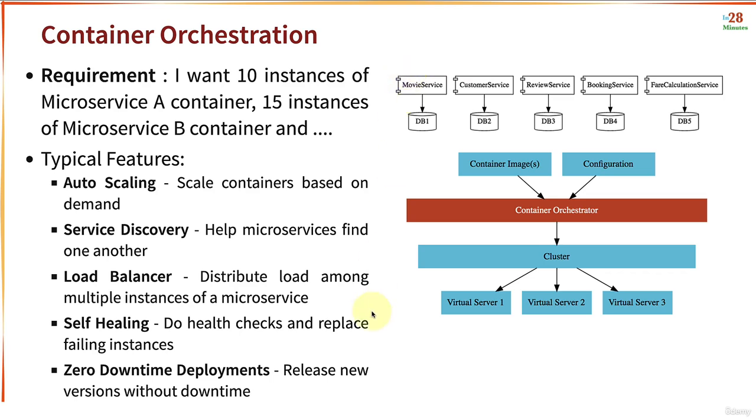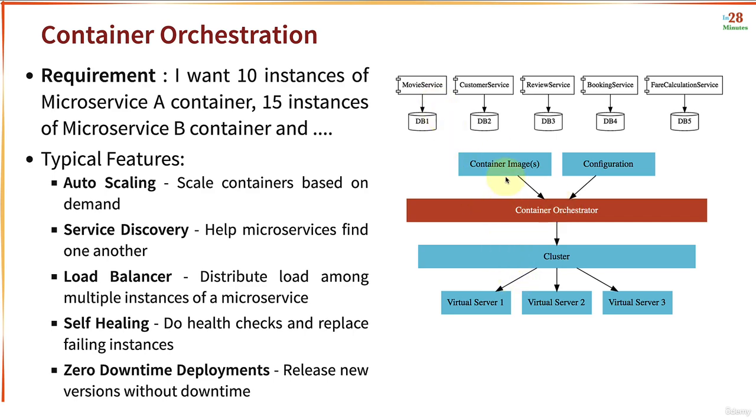So what we are talking about is the fact that having individual containers is not sufficient. We would want to be able to run multiple instances of these containers and orchestrate them. And that's where container orchestration comes into the picture. With a typical container orchestrator, you can create a cluster. You can say, I would want a cluster of EC2 instances, or I would want a cluster of virtual machines. And you can use the container orchestrator tool to deploy your microservices to the cluster.